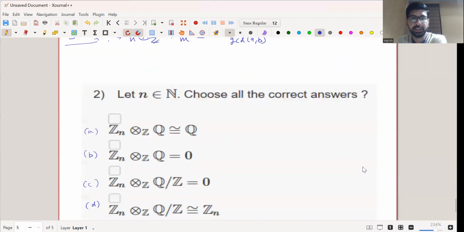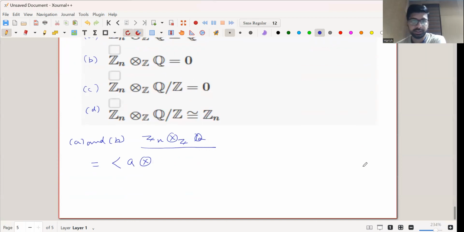So I can write it as A tensor P, such that instead of writing P, I will write B, such that A is inside Zn and B is inside Q. So let's take an arbitrary generator.